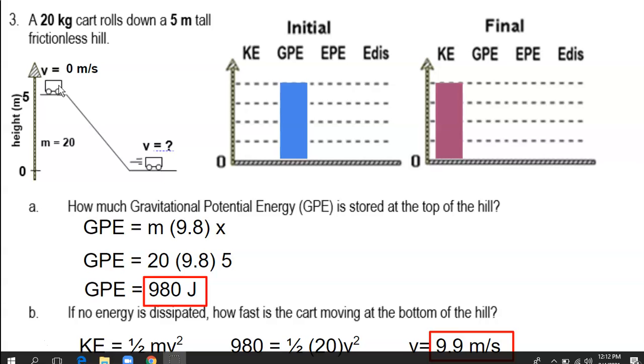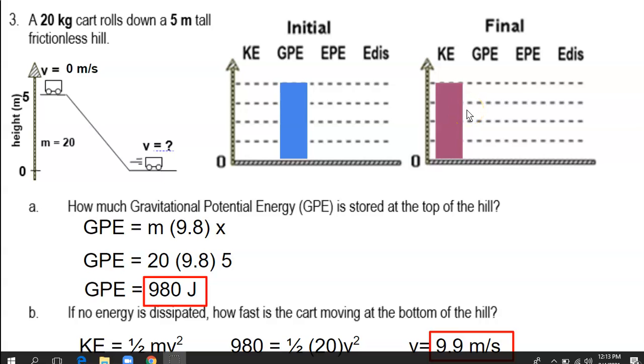If no energy is dissipated, how fast is the cart moving at the bottom of the hill? So here's where we have to use the equation for kinetic energy. It says how fast. Kinetic energy has velocity in it, so we're going to be solving for v. We know we have 980 joules of kinetic energy because if we have 980 here, then we have 980 at the end.